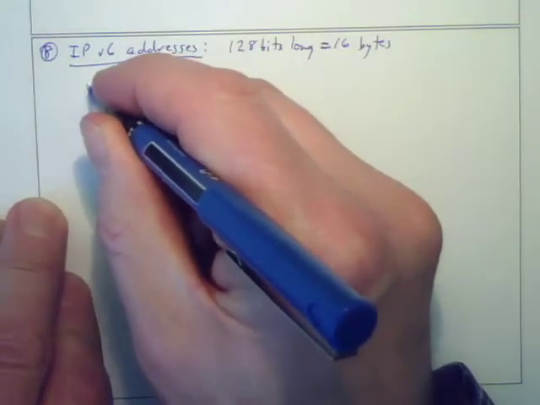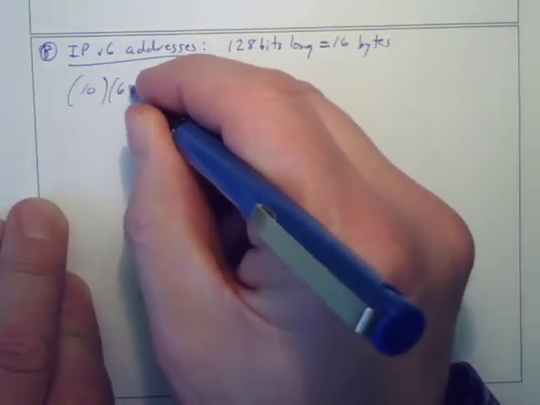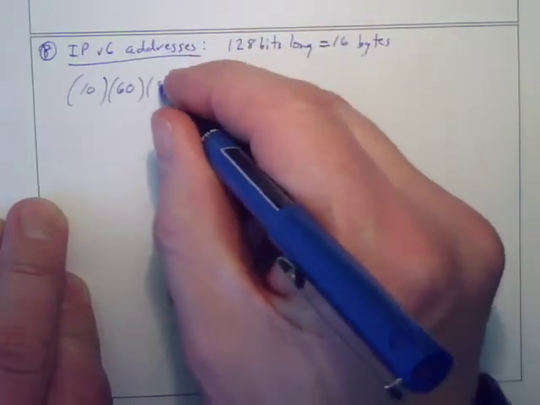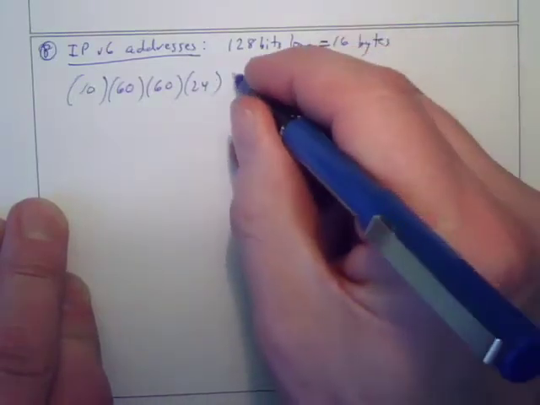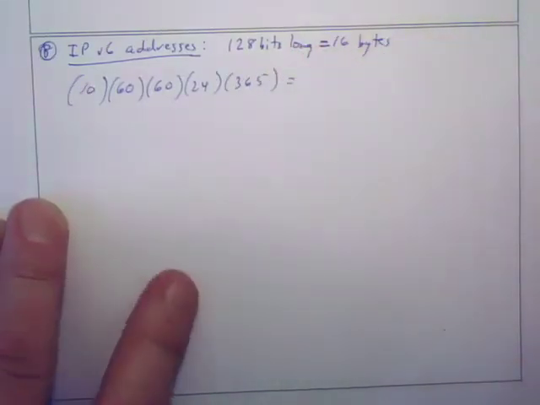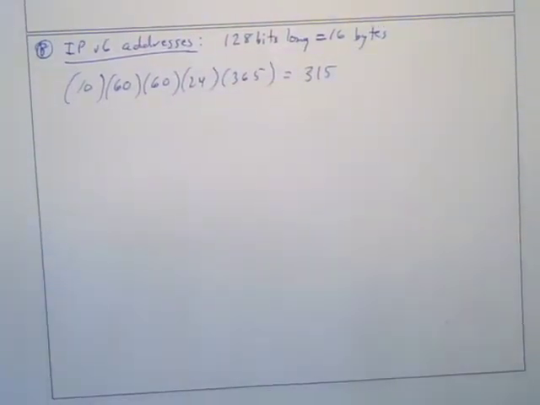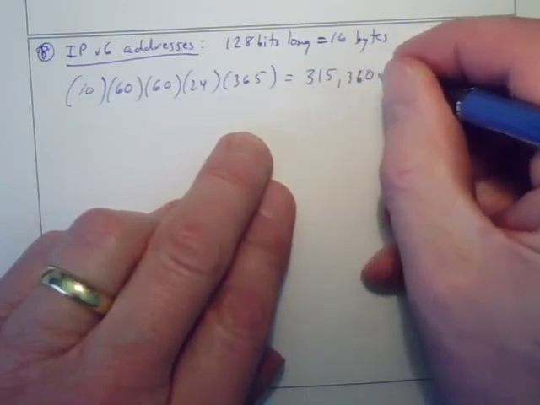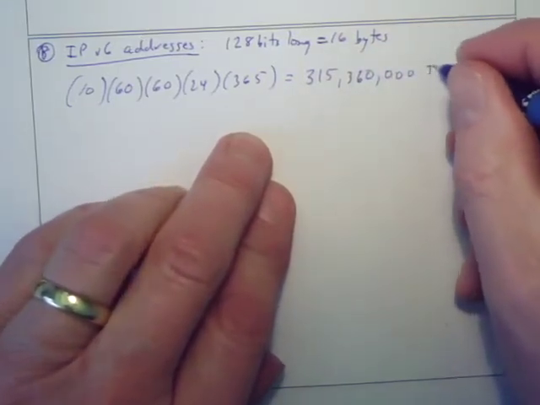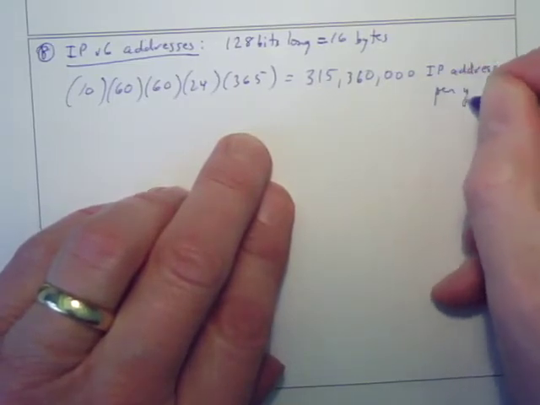And so what we're going to do is we're going to say 10 times per second times 60 seconds in a minute times 60 minutes in an hour times 24 hours in a day times 365 days in a year. And this is going to give us 315,360,000 IP addresses per year.